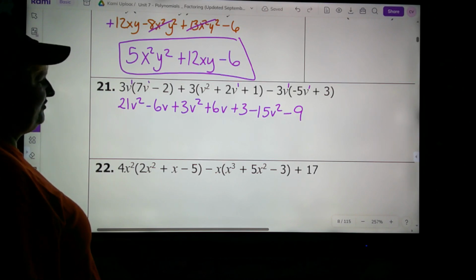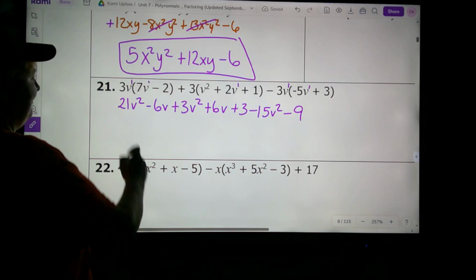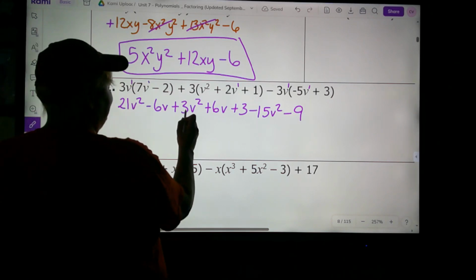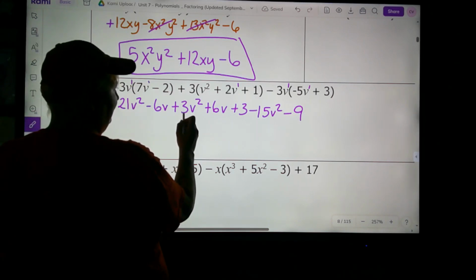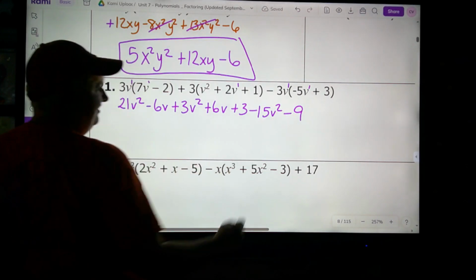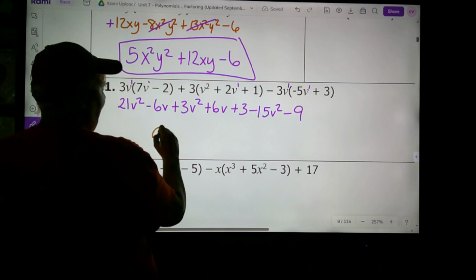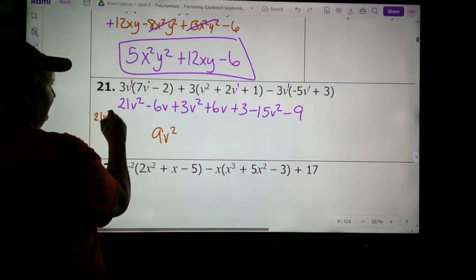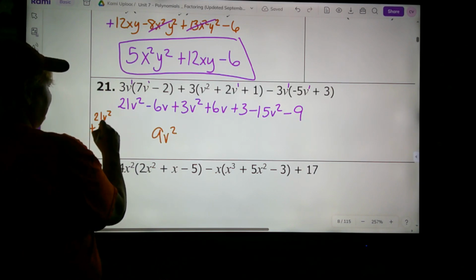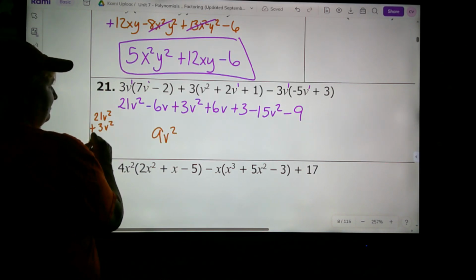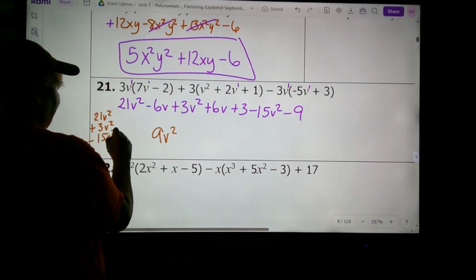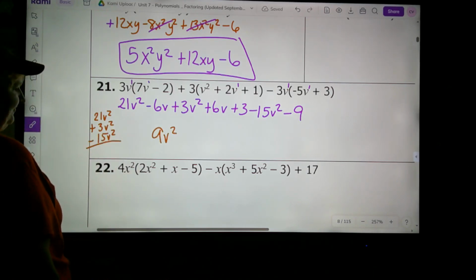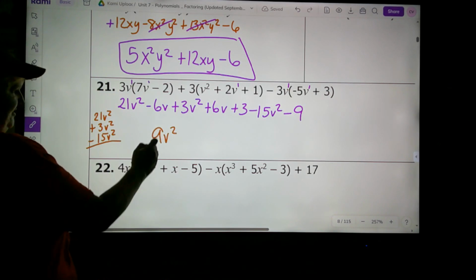The highest exponent is squared. We have 21 plus 3, which is 24, minus 15, which is 9. 9v squared, right? We had 21v squared plus 3v squared minus 15v squared gave us 9v squared.